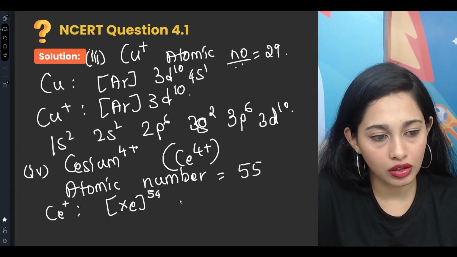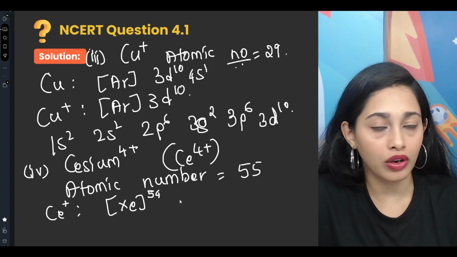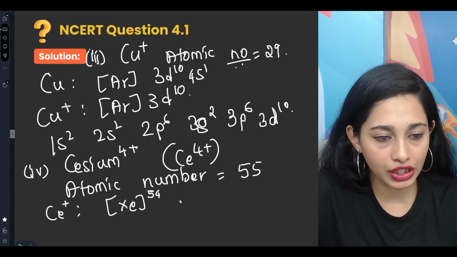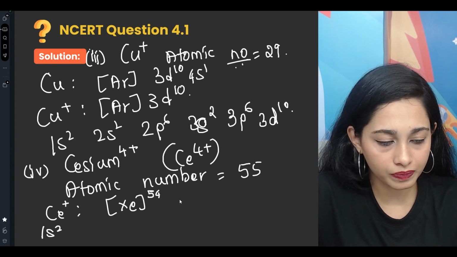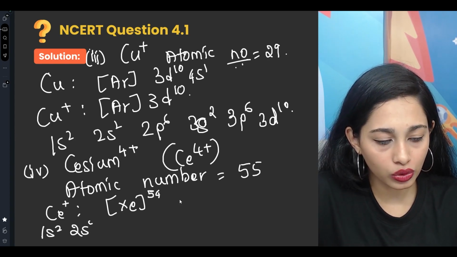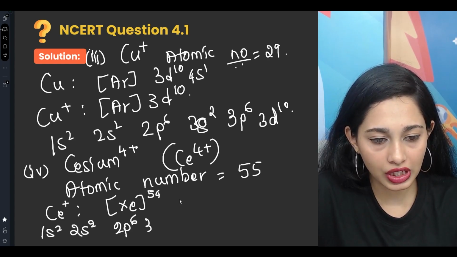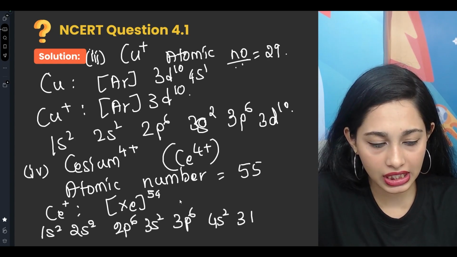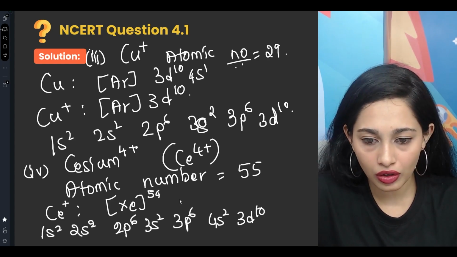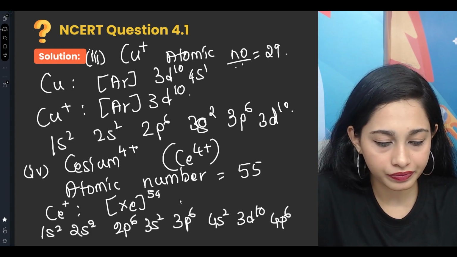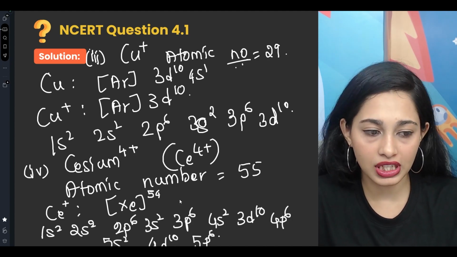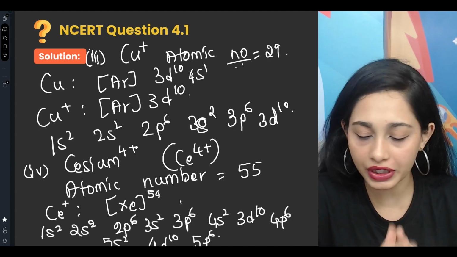So cesium can lose only one electron and it will become stable. So the electronic configuration will be 1s2 2s2 2p6 3s2 3p6 4s2 3d10, and we have 4p6, 5s2, 4d10 and 5p6. So this is going to be the electronic configuration.